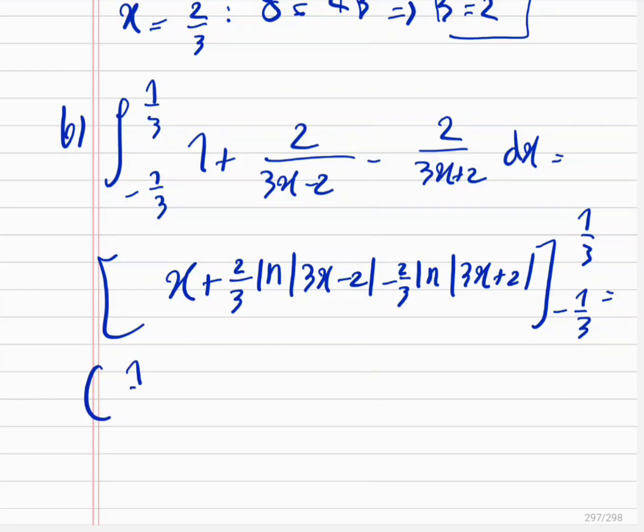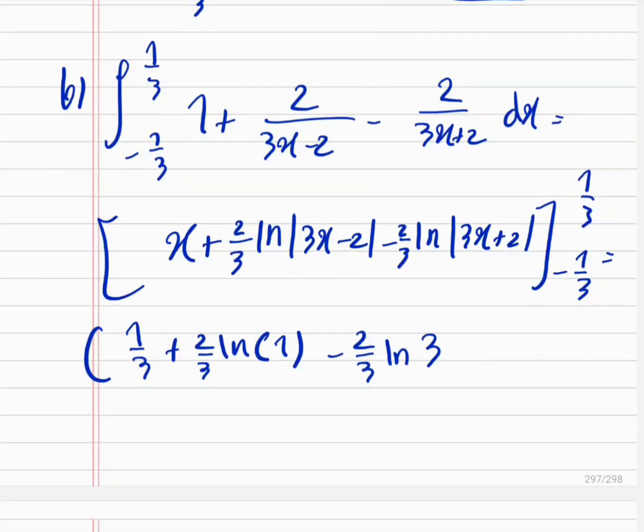So let's substitute a third. We'll have a third here plus 2 over 3 ln, and inside it will be minus 1, but that's just ln 1. And then minus 2 over 3 ln, so 1 over 3 substituted will give 3 from inside.